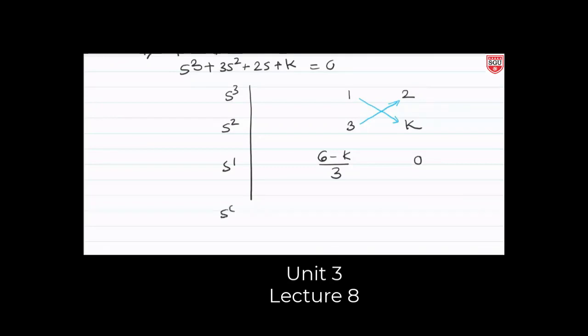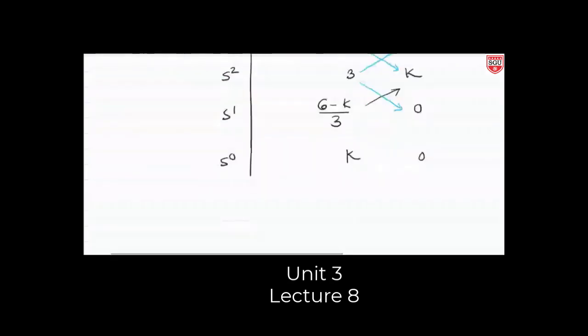Then s raised to 0, this multiplied by this multiplied by this, divided by it, gives k. 6 minus k upon 3. Always remember it is coming k. Always it is coming k. Okay. Then we have to find out the range of k. K should be greater than 0.